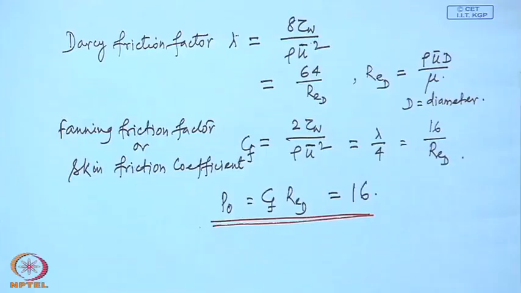Particularly for commercial vehicles or transport vehicles, the drag force predominantly comes from this wall shear stress. So, if you think about a transport aircraft, then the drag force acting on that aircraft is mostly from this wall shear stress or friction, the viscous effect.